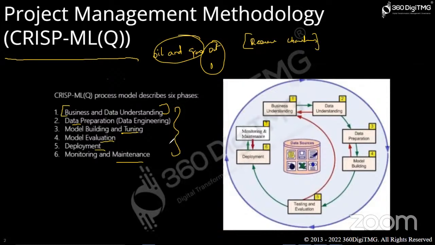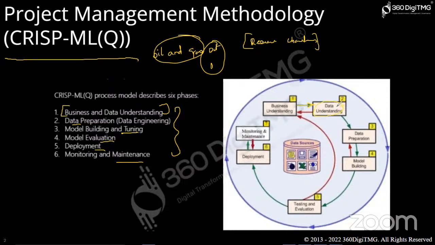This is a cyclic process where first we have to understand the business. Why are we doing this analysis, what is the problem statement, and what are our objectives? We record this high level information in our project charter. Then we understand our data: what the different data types are and where we have all the data.